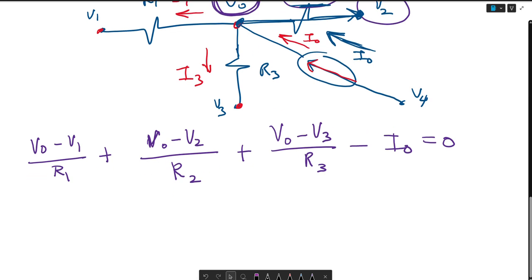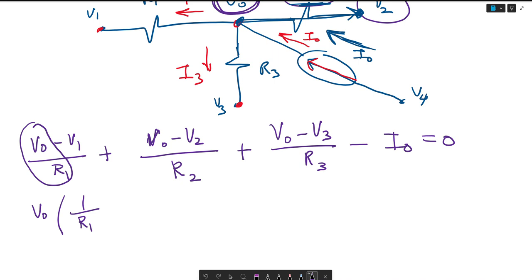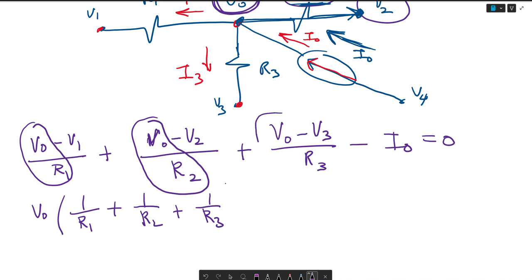And essentially, you can solve for VO. You can say VO is 1 over R1, which is this term, plus 1 over R2, which is this term, plus 1 over R3, which is this term.